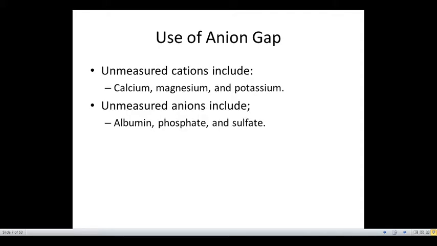Unmeasured cations include calcium, magnesium, and potassium, while unmeasured anions include albumin, phosphate, and sulfate.